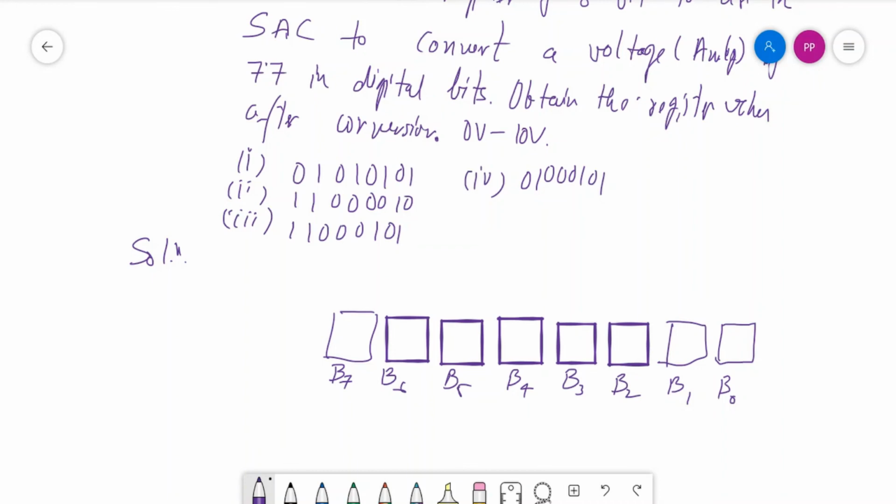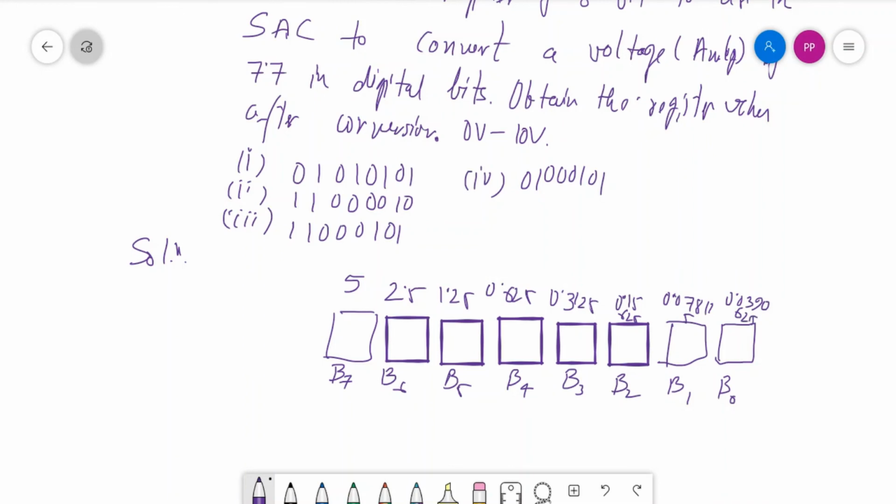The MSB will have the equivalent of 5 volt, then 2.5 volt, then 1.25, then 0.625, then 0.3125, then 0.15625, then 0.078125, then 0.039065.